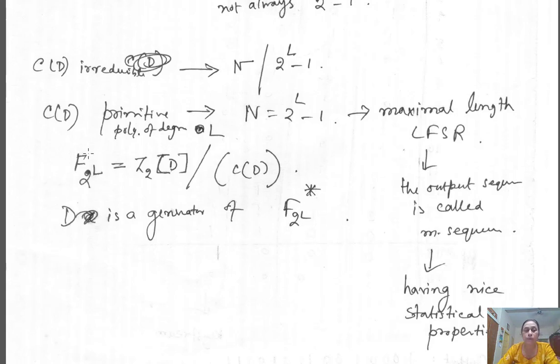The multiplicative group of this field, where 0 is excluded, is generated by a root of C(D) equal to 0. Then C(D) is a primitive polynomial. Okay, so this concept essentially we need later also.